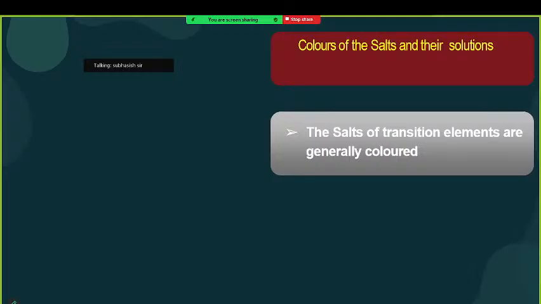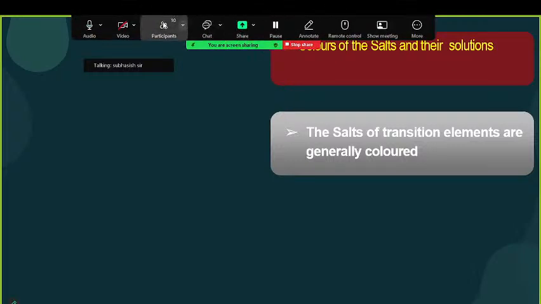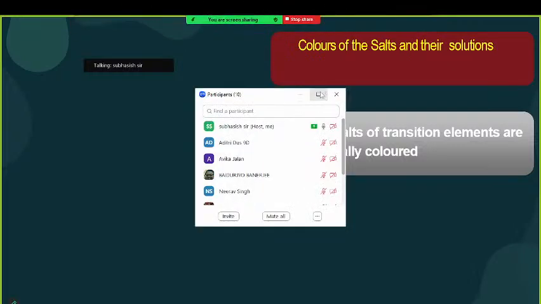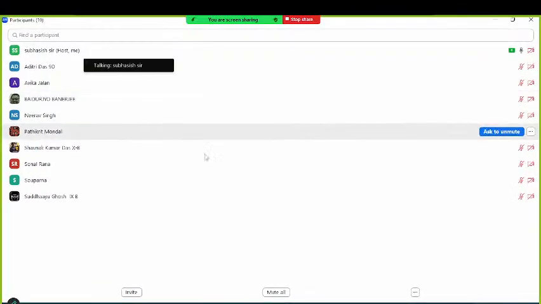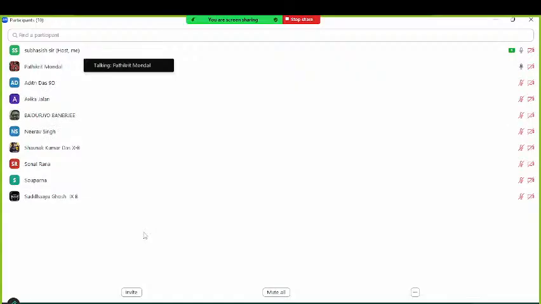The salts of transition elements are generally colored. Can you give an example of a transition element? Anyone? Iron, exactly. Very good.